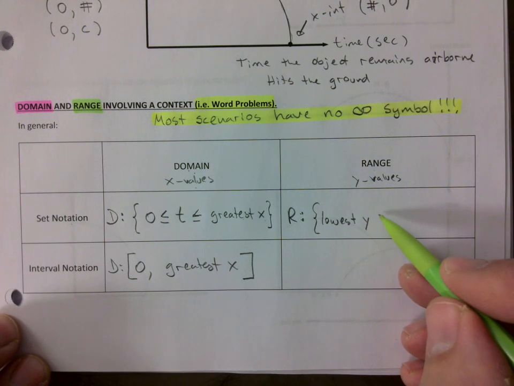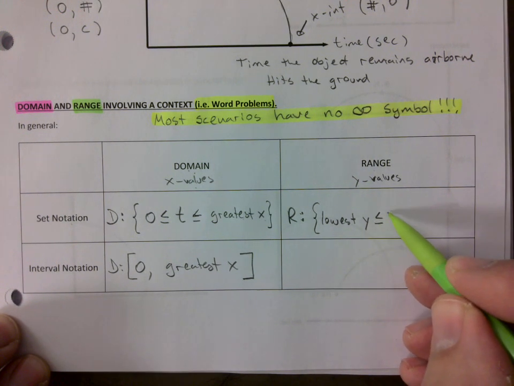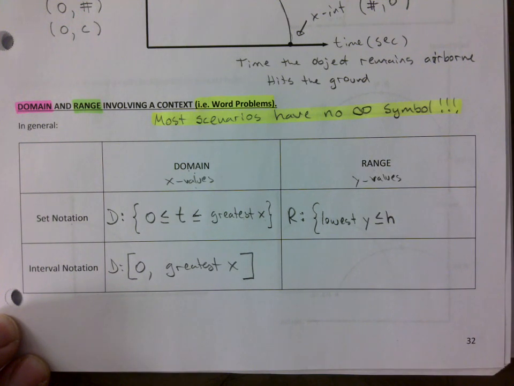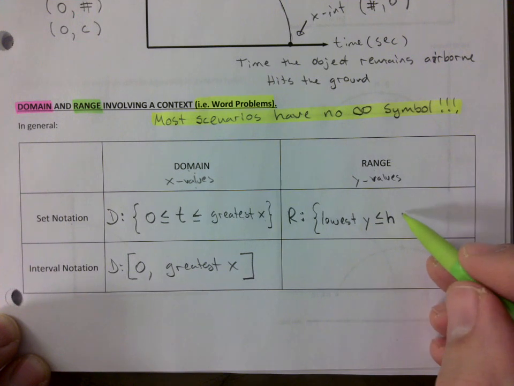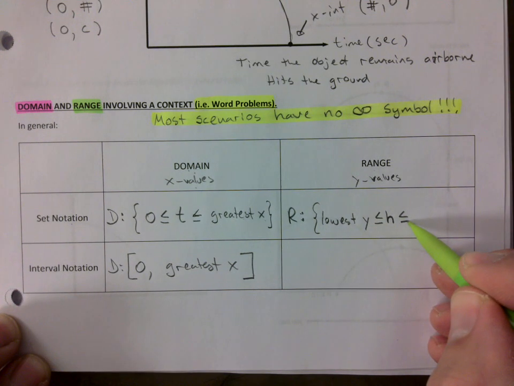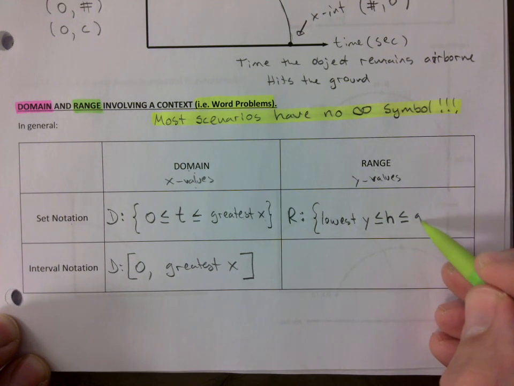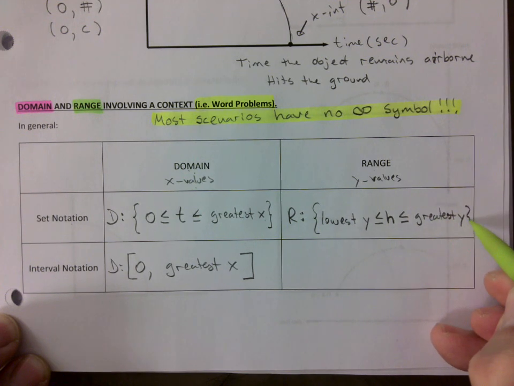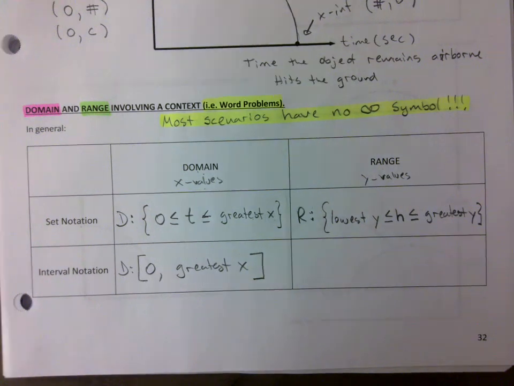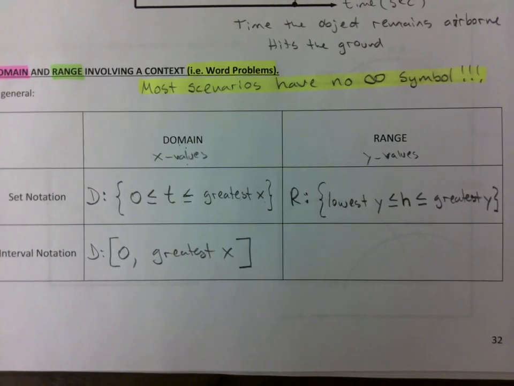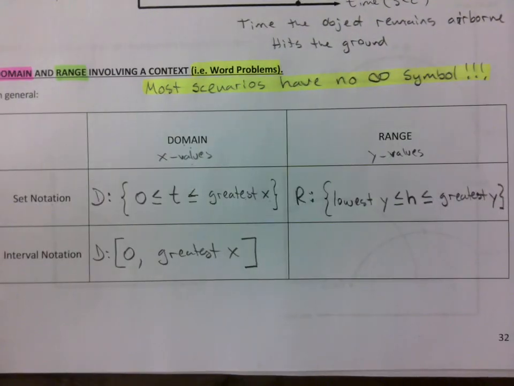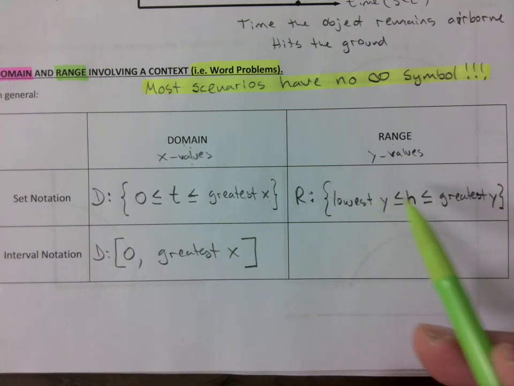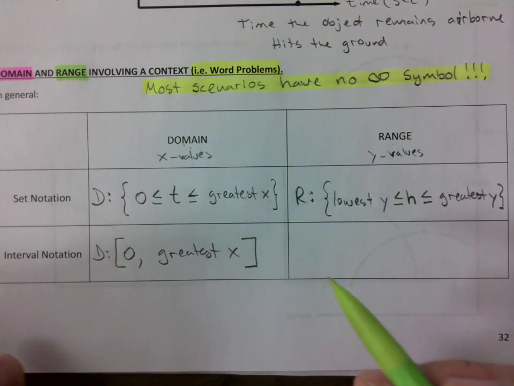And in this case, the letter y is replaced with h, because h represents our y variable in this case. And then that will be less than or equal to greatest y. Let me see if I can zoom into that a bit more. There we go. So lowest y, greatest y. So h is somewhere in between that, but it can also be including that.